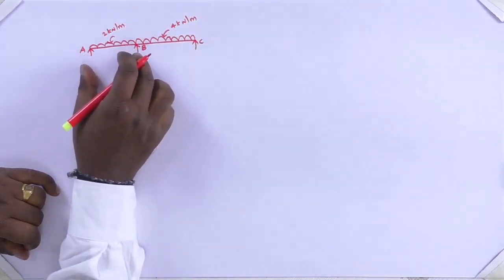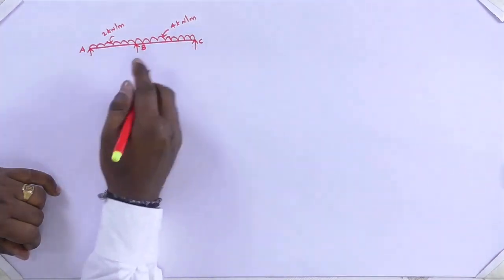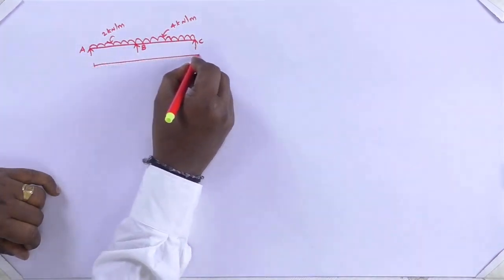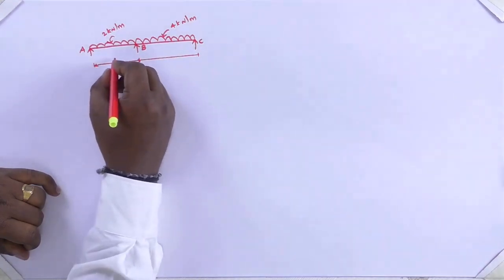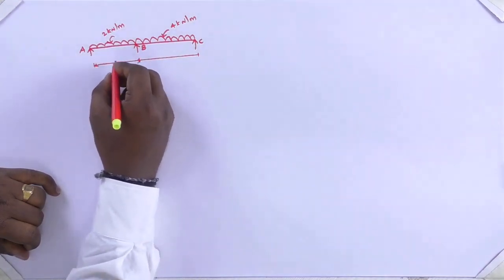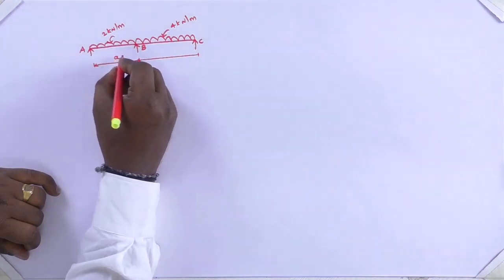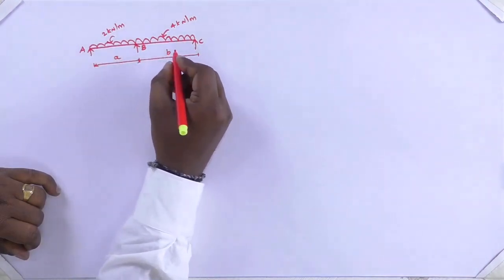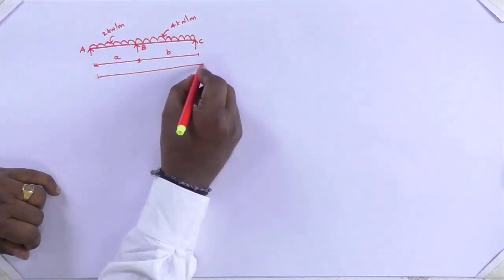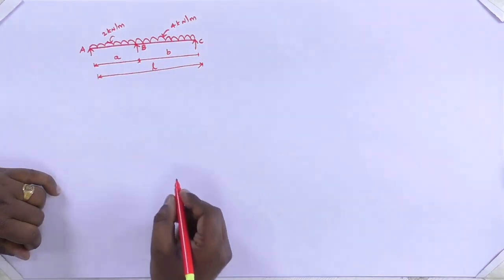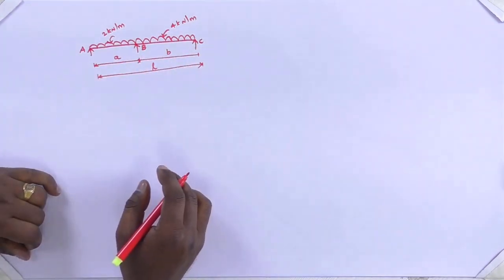So we will have two regions, AB and BC. Here the span of AB I am taking as L1, and the total length I am taking as L, the span of the total continuous beam.